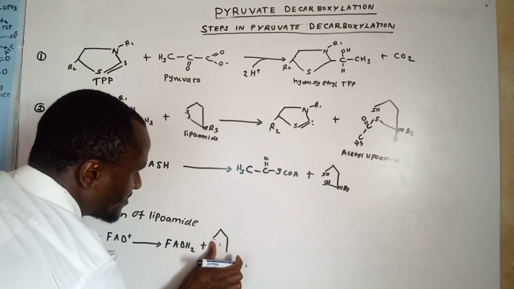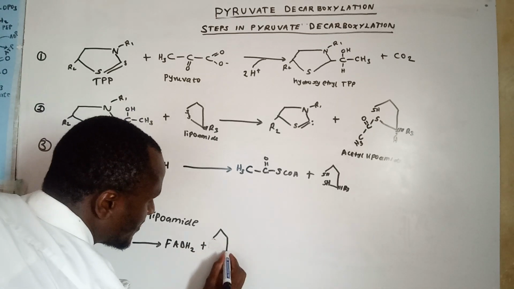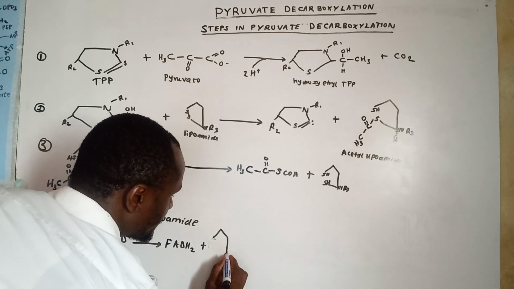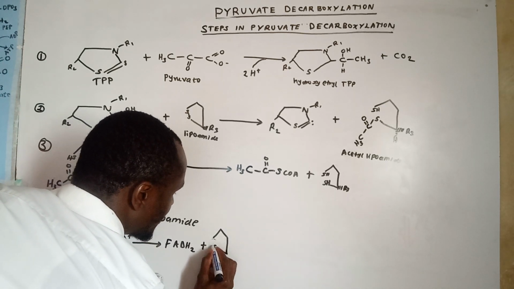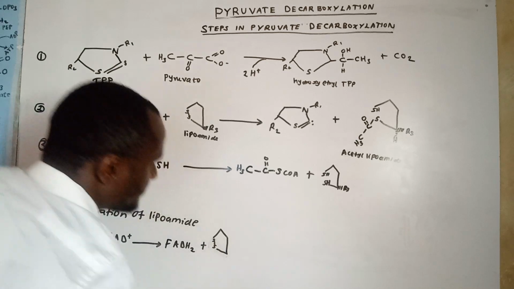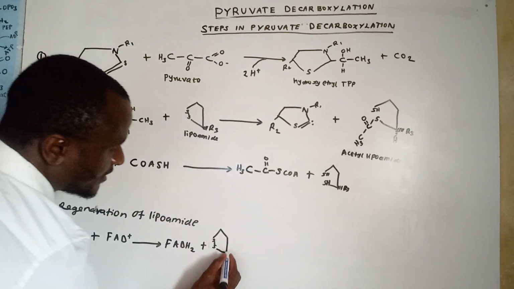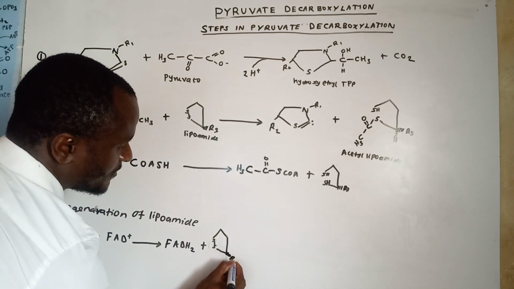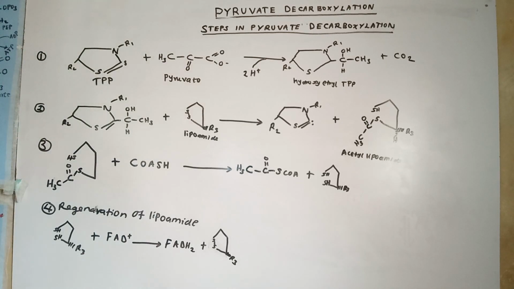I want to redraw, sorry for that. This is S, this is S. So dihydrolipoamide reacts with the FAD plus to form FADH2 plus our lipoamide.